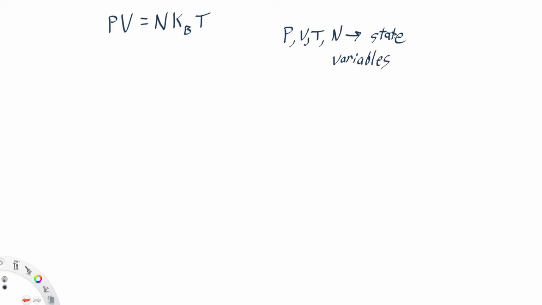If you want to describe the state of a system, these are the things that you need to describe. Once you've specified the pressure, volume, temperature, and number of atoms in a system, you have in effect described it well enough that any other person doing physics is going to know what you're talking about.